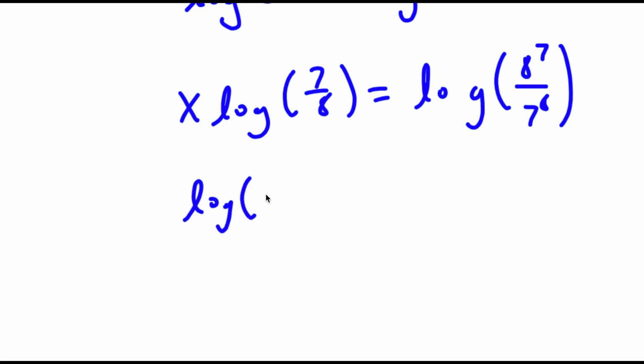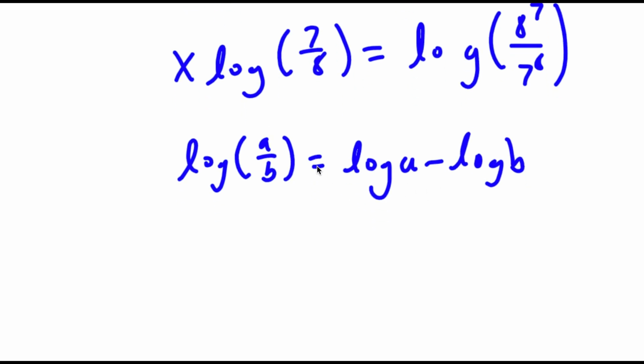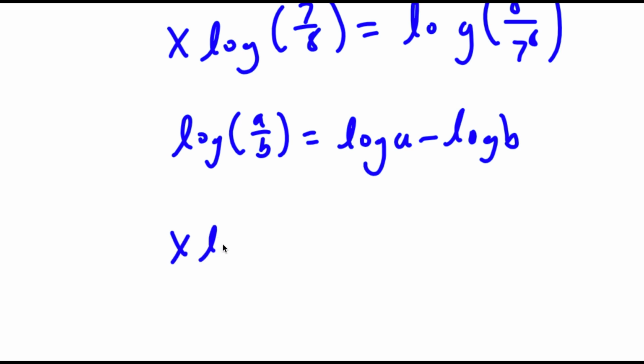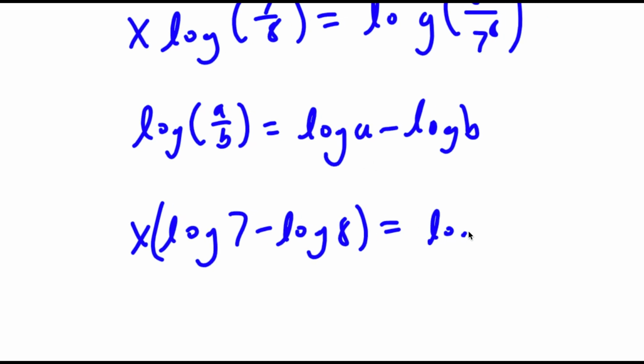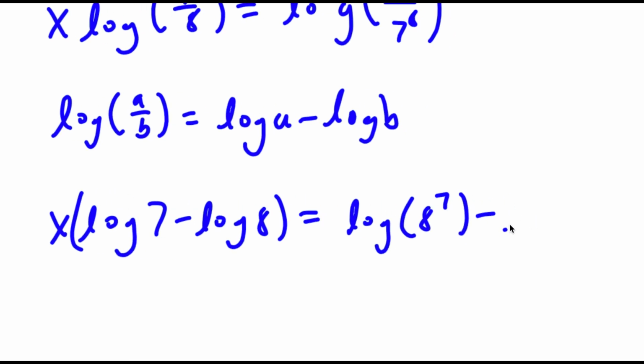Now log of a over b, this is equal to log a minus log b. So log of 7 over 8, that's going to equal log of 7 minus log 8, which is equal to log of 8 to the power of 7 minus log of 7 to the power of 8.